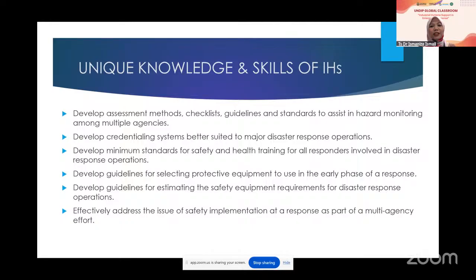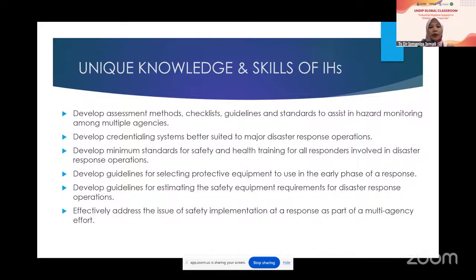What makes a hygienist different is not just the knowledge, it's how we think. We don't just react, we create systems, we build guidelines, we standardize chaos. So if the workers or maybe the public are facing confusion, that's when we try to solve the problem and provide more information. When multiple agencies come together, just like what we said just now, all those parties who are supposed to be at the emergency site, everyone has different styles.